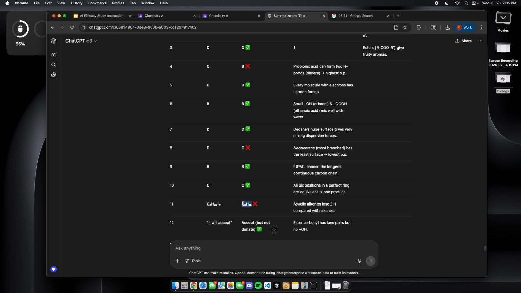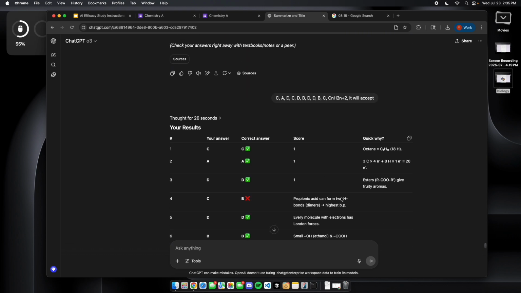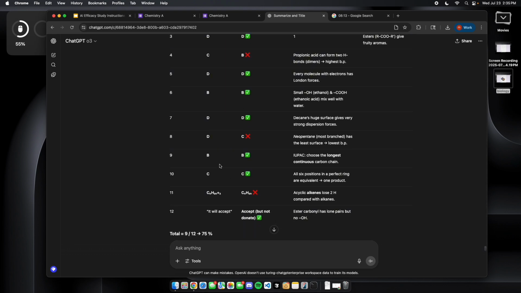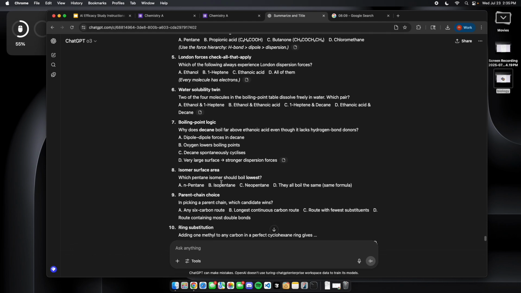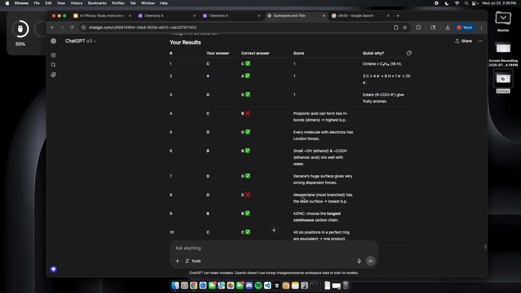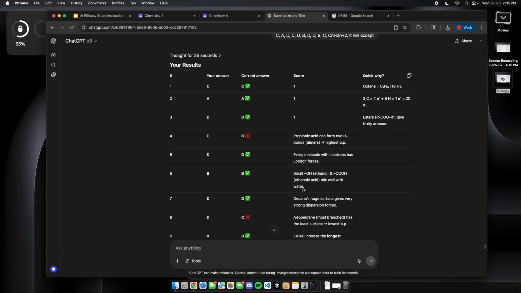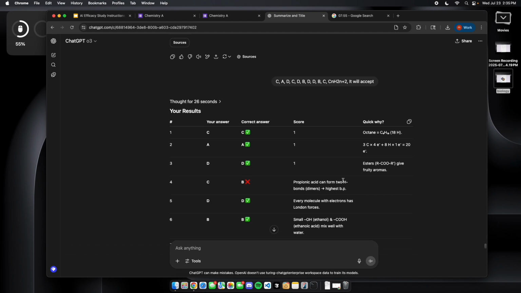Let's see. So acyclic alkynes don't have the +2 at the end. Eight was as can form two hydrogen bonds, highest boiling point.